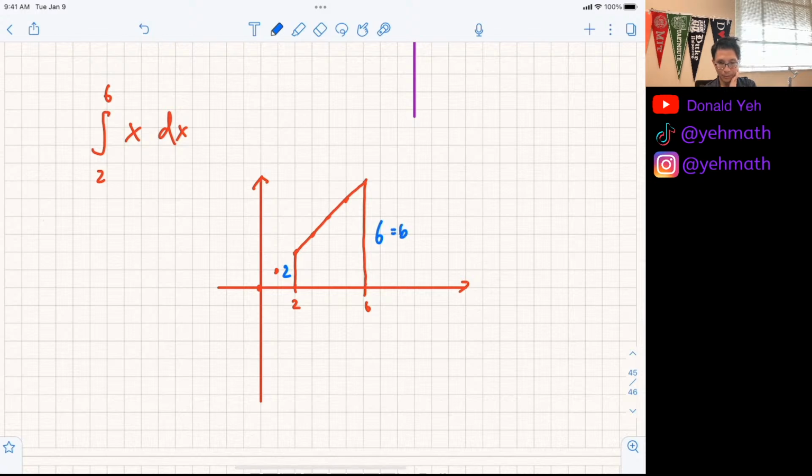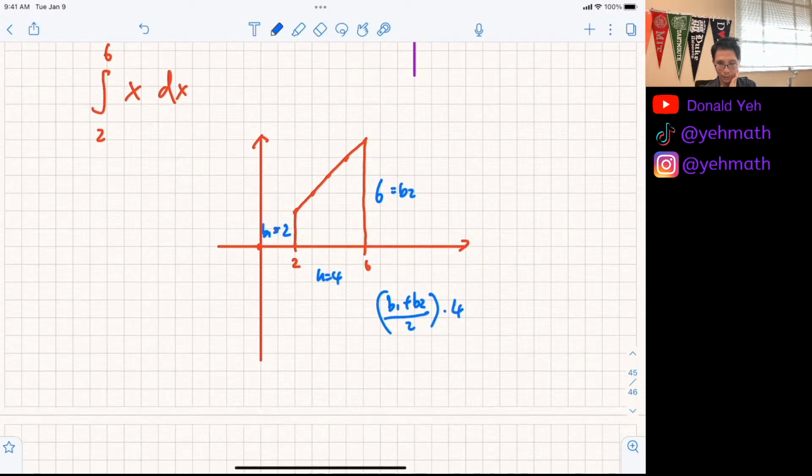So it's base 1 plus base 2, over 2, times the height, which is 4. Did anybody know how to find the area of a trapezoid? So that's gonna be 16. So area is 16.